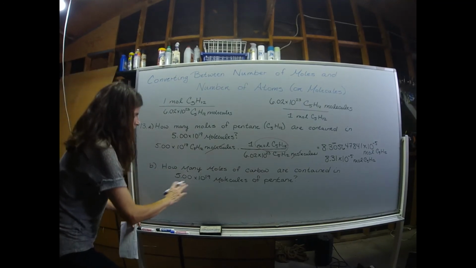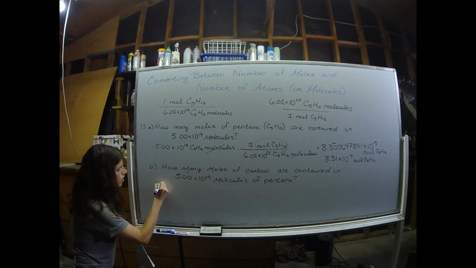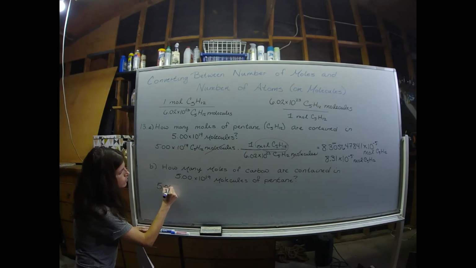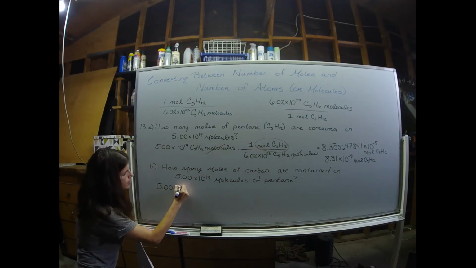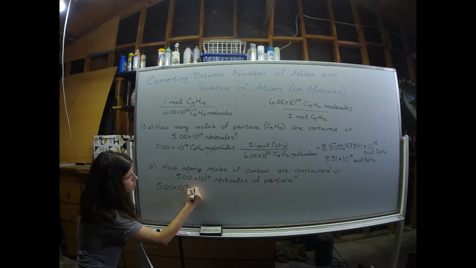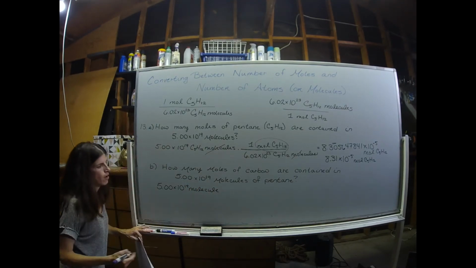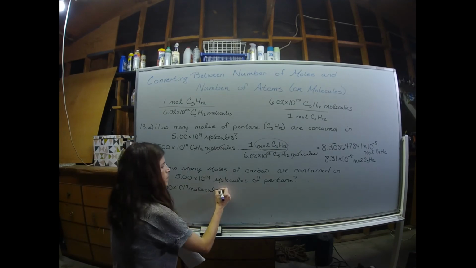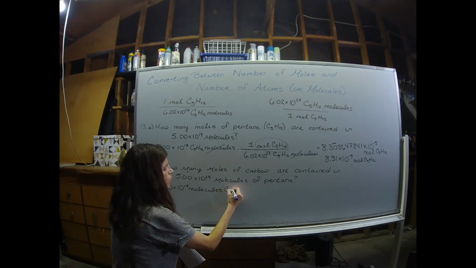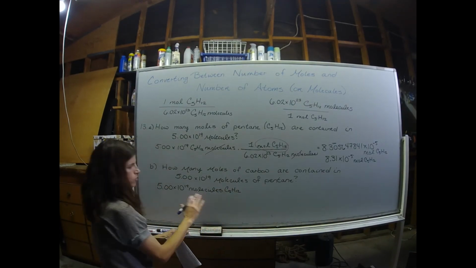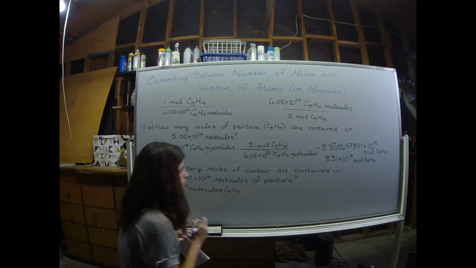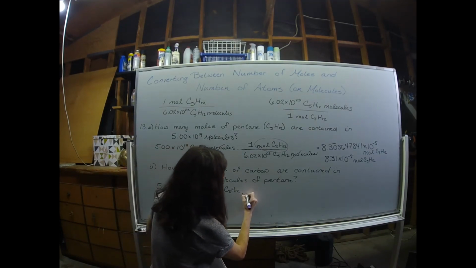Start with the number they gave us. We're going to start with 5.00 times 10 to the 19th molecules. I apologize, I keep writing it different ways, but the order doesn't matter as long as the details are there. So I'm going to start with molecules of pentane, and I still want to get rid of molecules of pentane.